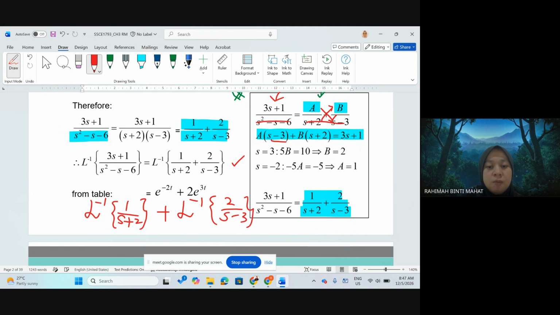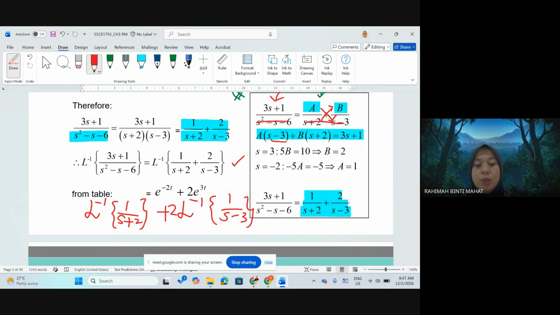For the first term and second term, actually you can take out the constant here. This is 1, this is 2. So all the coefficients you need to take out from the Laplace before you do the Laplace.